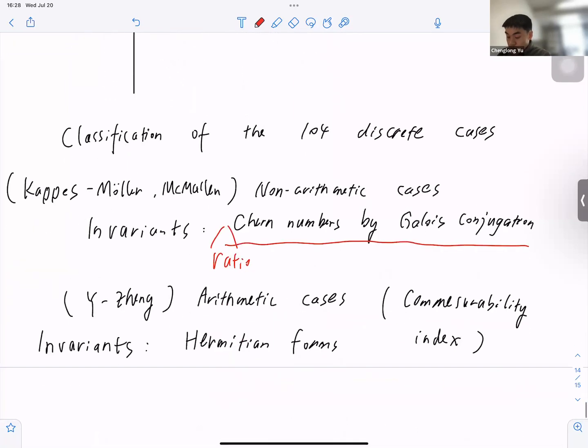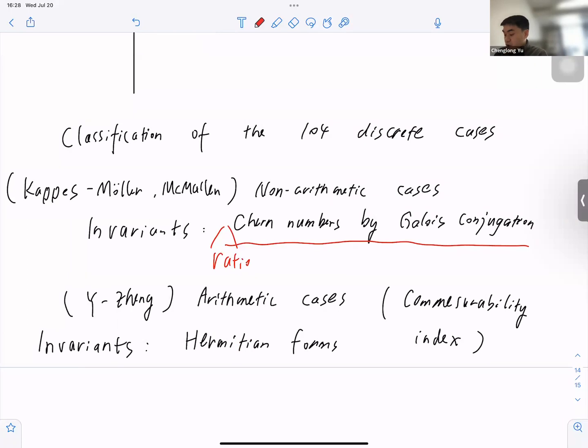And from joint work with Zhiwei Zheng, we also have a classification for arithmetic cases. It's known to experts, and the invariant should be the Hermitian form corresponding to those arithmetic lattices.